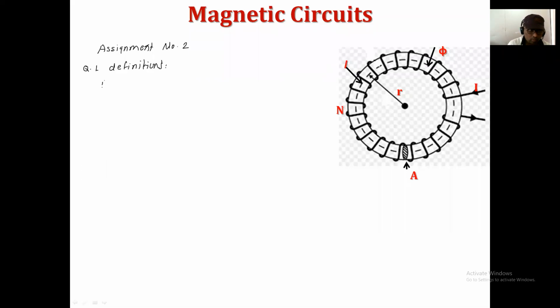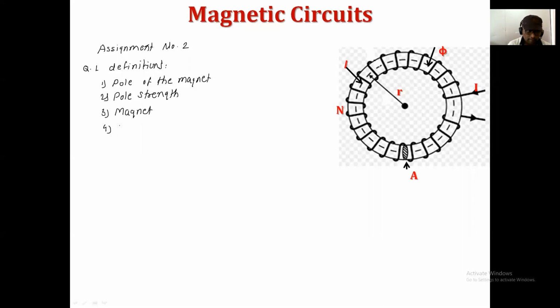In that, number 1, pole of the magnet. All definitions I want to take here. Number 2, pole strength of the magnet. Number 3, magnet, what is meant by magnet?